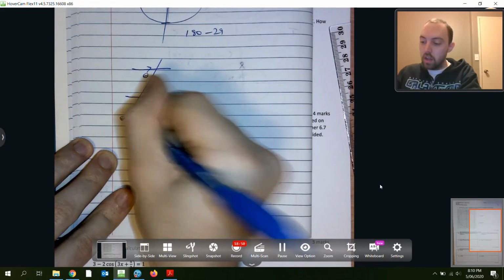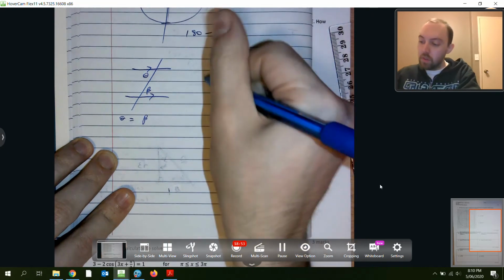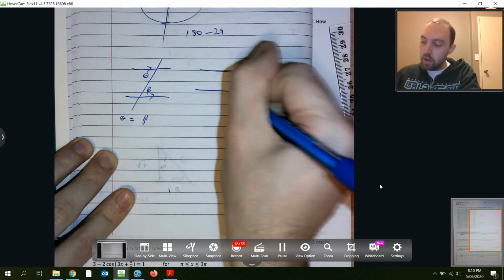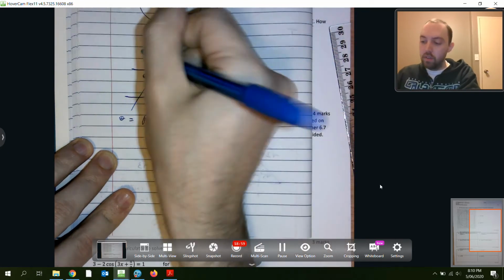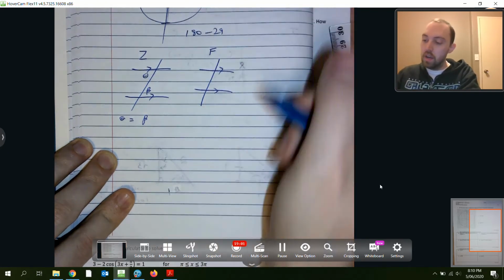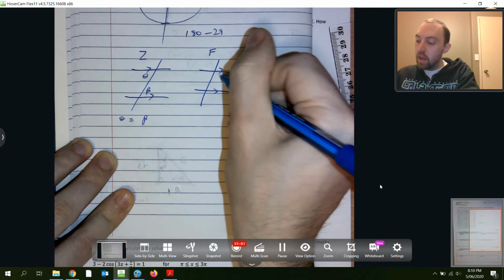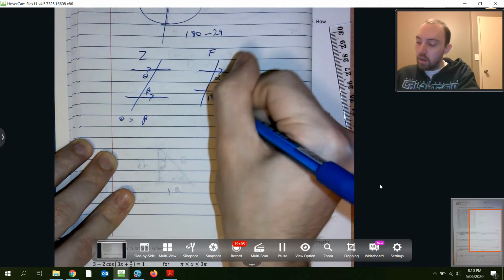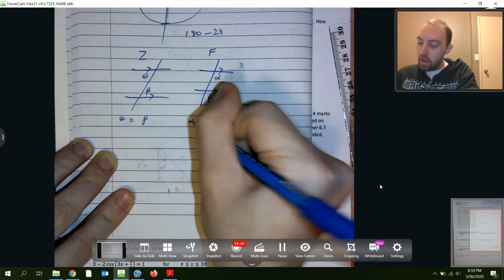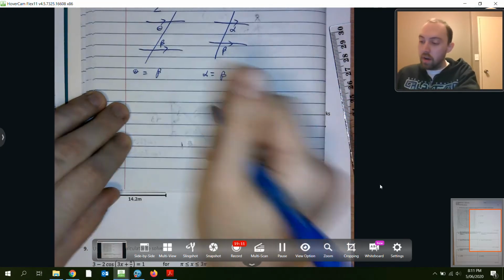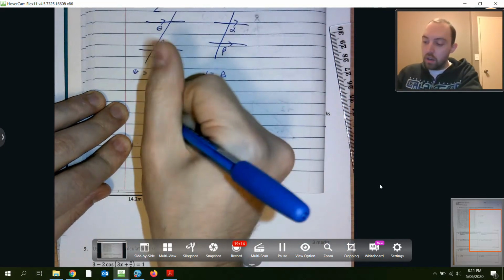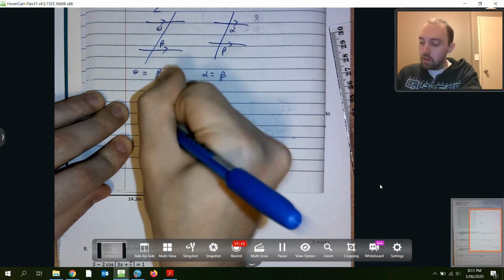Theta is equal to beta. Then we have what looks like an F, this looks like a Z, this looks like an F. Alpha and beta this time, alpha is equal to beta, and then you have your third parallel line rule. I'm going to do it a different direction to what I normally do.